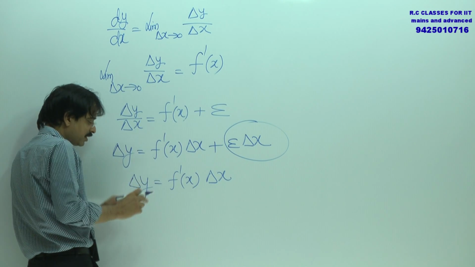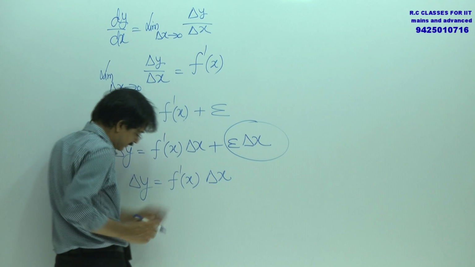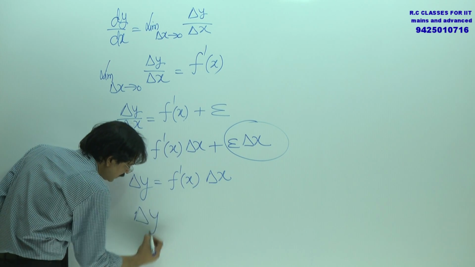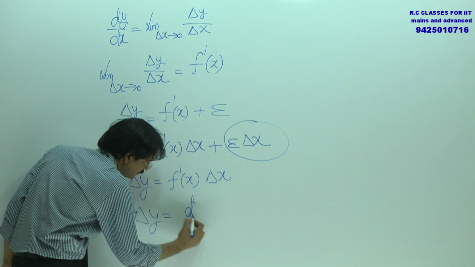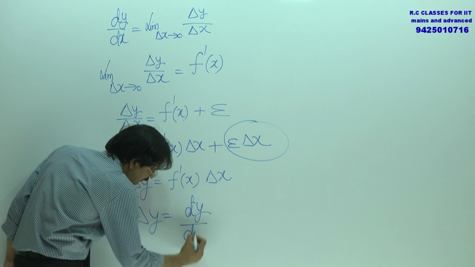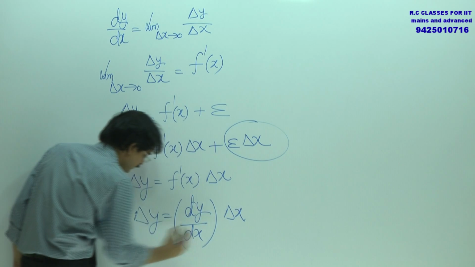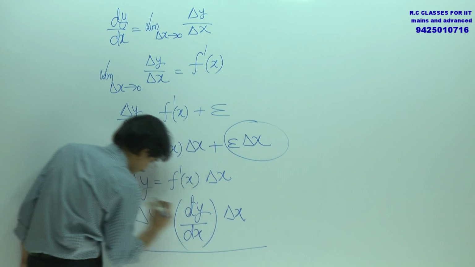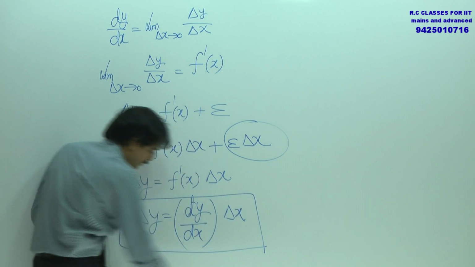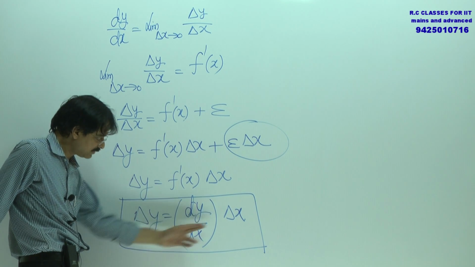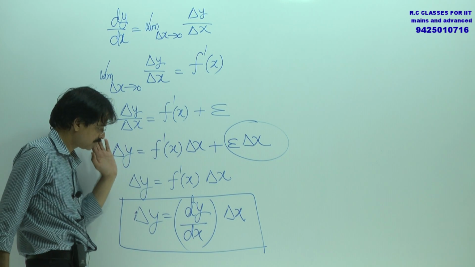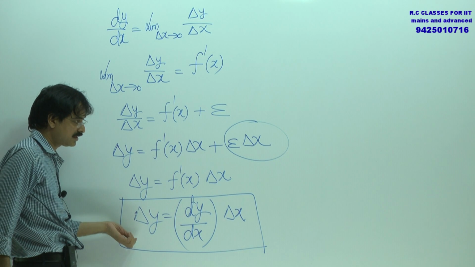So that can be written as delta y is equals to f dash x, which is nothing but dy by dx, into delta x. So this delta y is equals to dy by dx into delta x, right? That we will be using in the problems there.